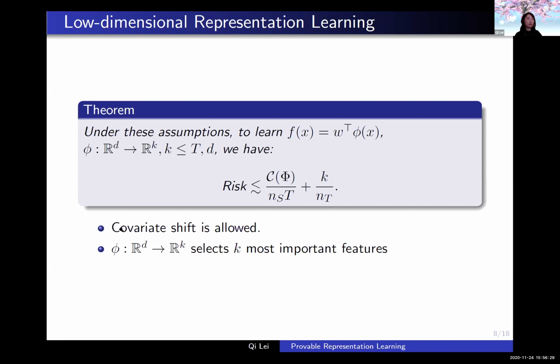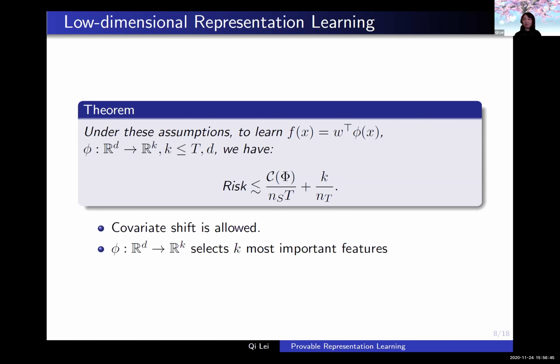I also want to mention that covariate shift is allowed, and the role of this representation is just to select the k most important features. We also have some theoretical guarantees for high-dimensional representation learning, but due to time limits, I will not cover them in this workshop.